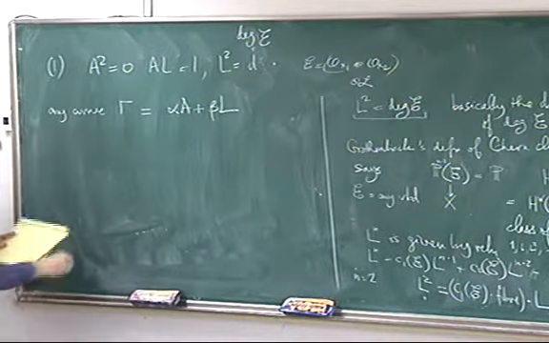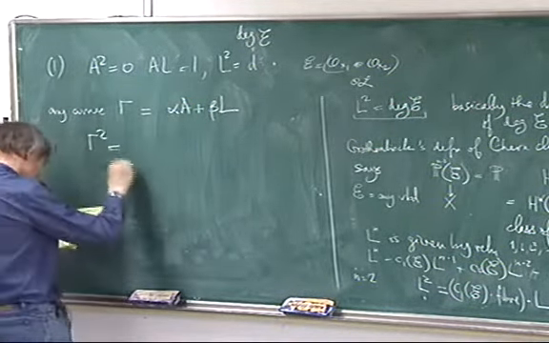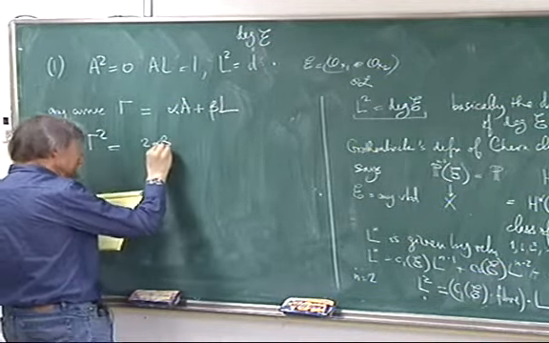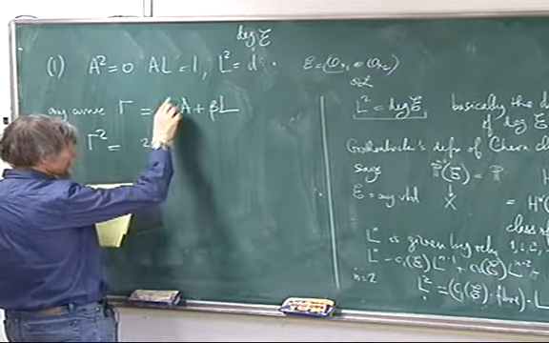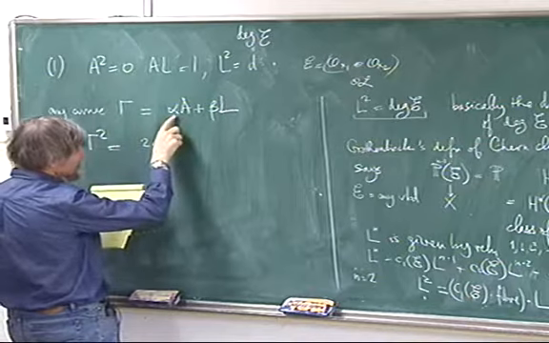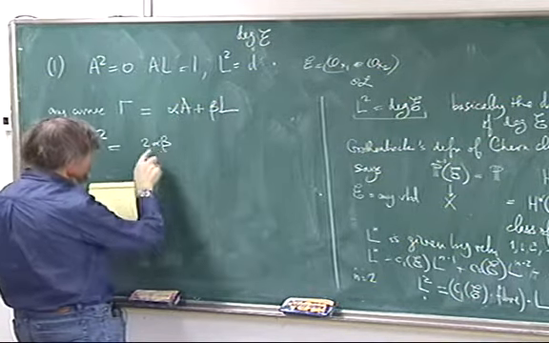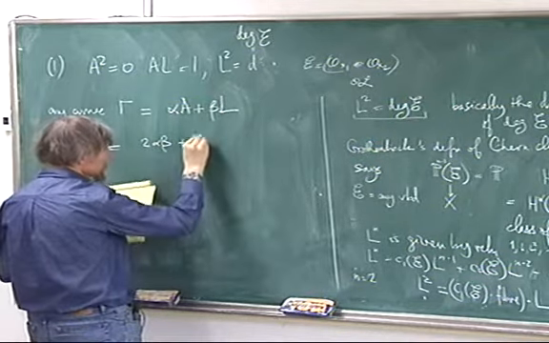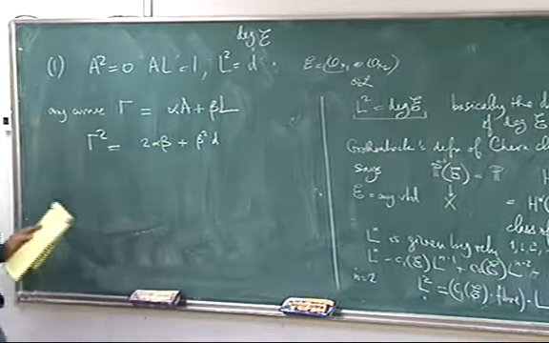Okay? Gamma squared is, I do alpha squared A squared, which I've already done, and then 2 alpha beta times A times L, and then plus beta squared times L squared. Yeah?